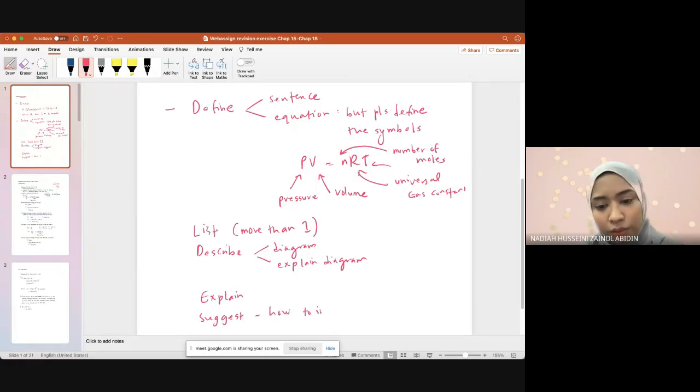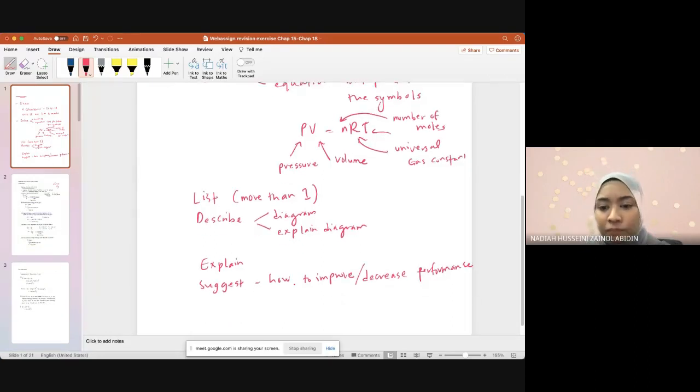Sometimes we want to make it worse, but sometimes they ask how to decrease the performance of something, of a component, because it's theory, so it can ask you how to make something go bad.